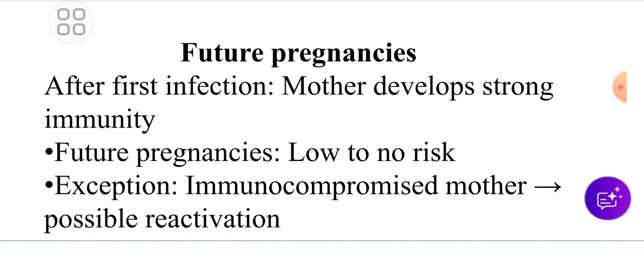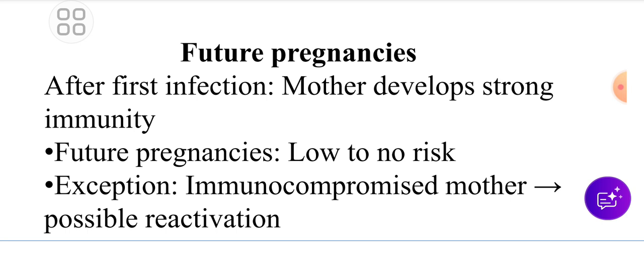So let us see the effect on future pregnancies. After first infection, the mother develops strong protective immunity against transplacental transmission. So future pregnancies have low to no risk, may not be infected.